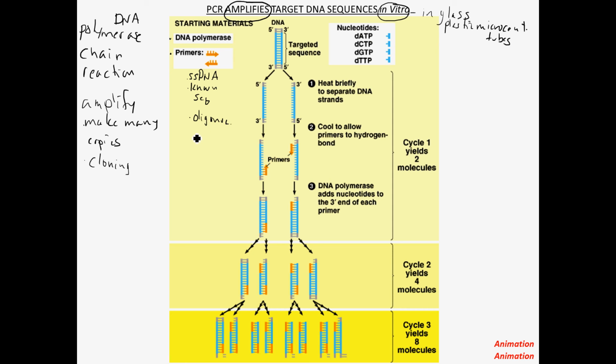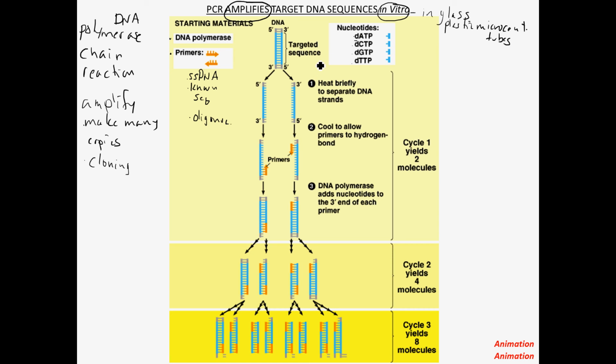They are complementary to some sort of known sequence that you're trying to amplify. And you also need a supply of nucleotides over here. So this D stands for deoxynucleotides, right? So deoxy ATPs, deoxy CTPs, GTPs, etc. These are the nucleotides that you're going to use to then amplify.